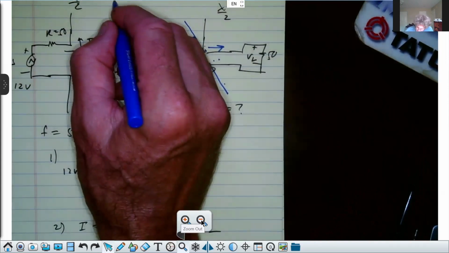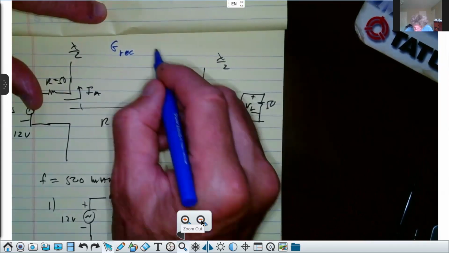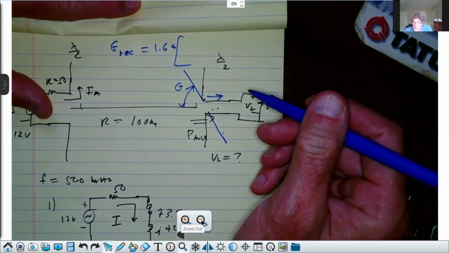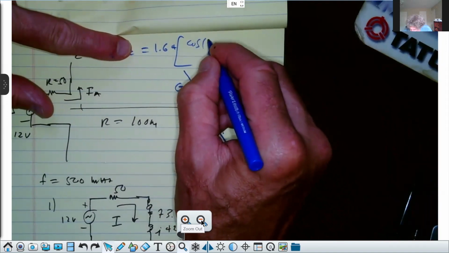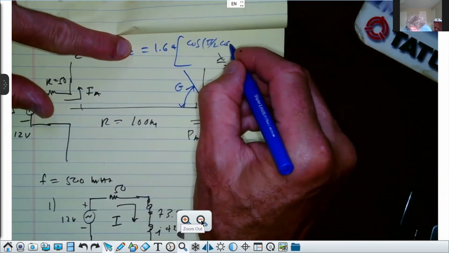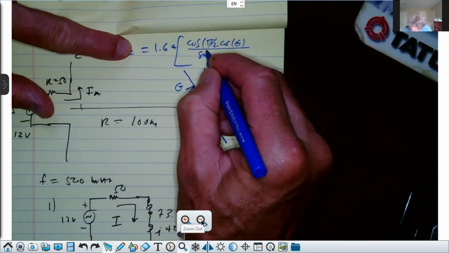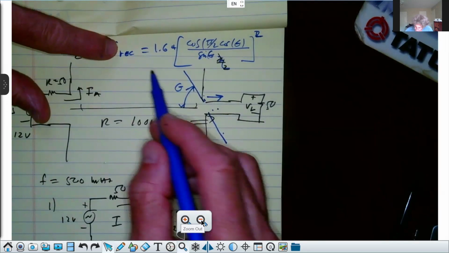So the gain on the receiving antenna is now a maximum of 1.64, that's an exact half-wave dipole, times the cosine of pi over 2 times the cosine of that angle, whatever it is, over the sine of that angle, and you have to square it. That's how the gain is reduced.